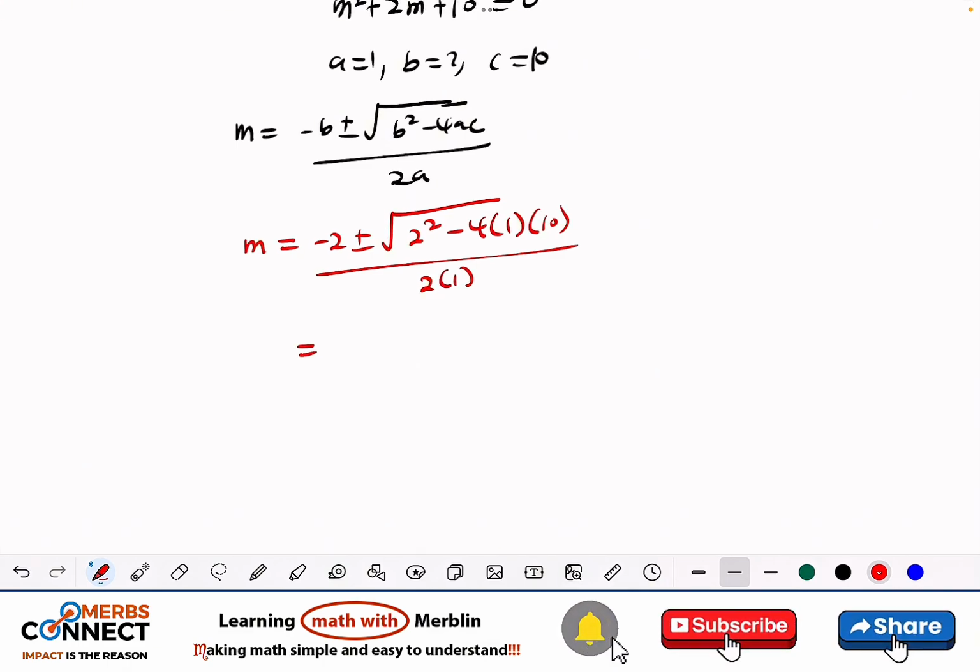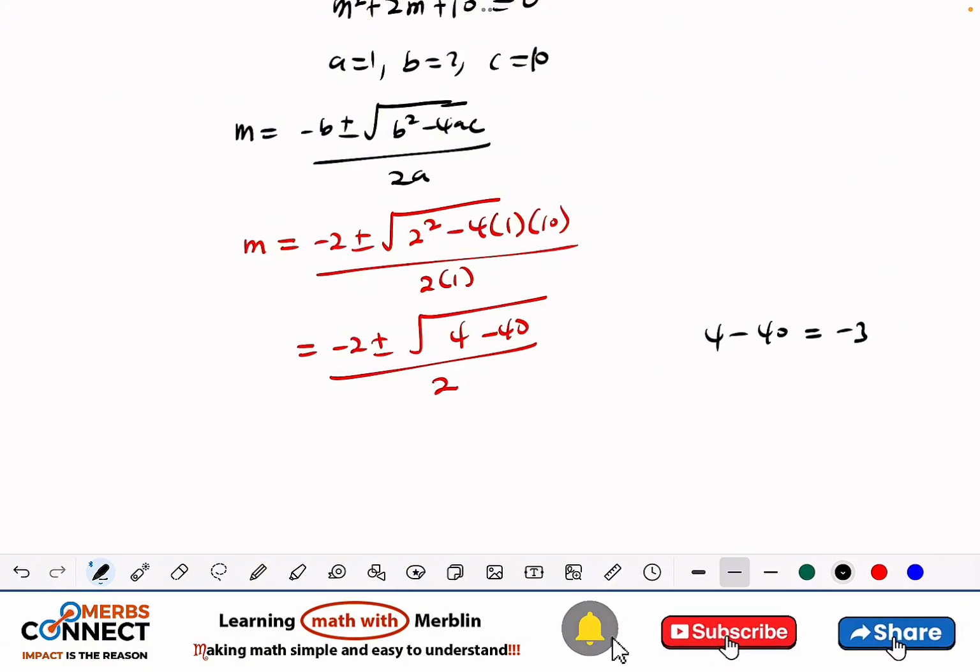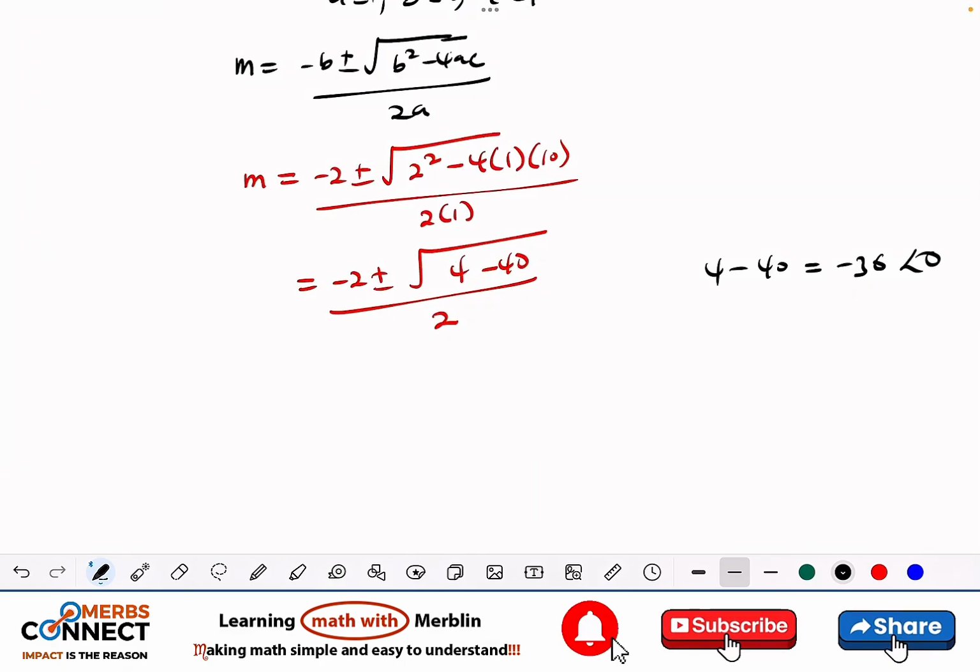This gives us minus 2 plus or minus the square root of 4 minus 40, divided by 2. What can we see? We can see that 4 minus 40 is equal to minus 36, which is less than 0, so this is going to give us complex roots. So we have minus 2 plus or minus the square root of minus 36, divided by 2.